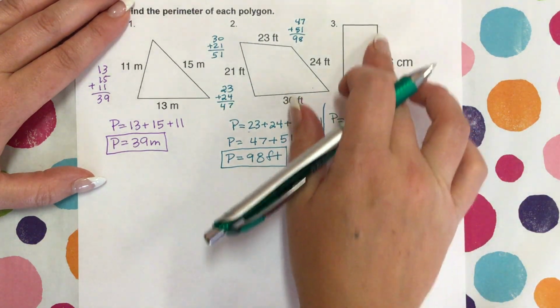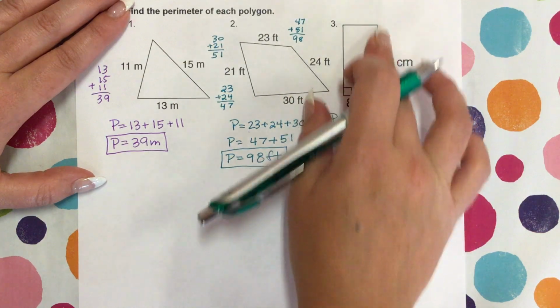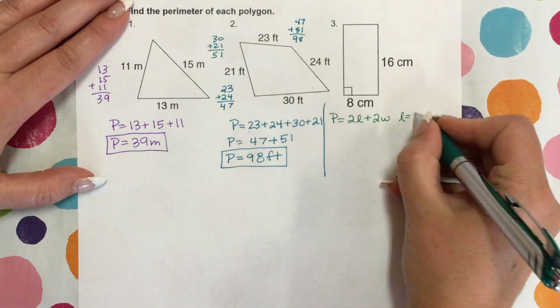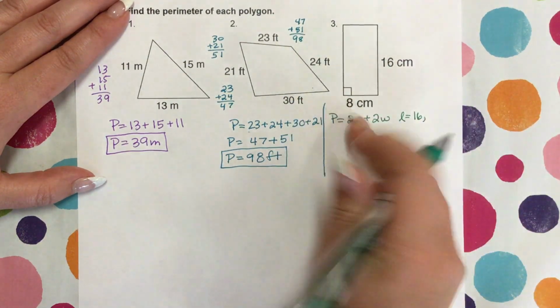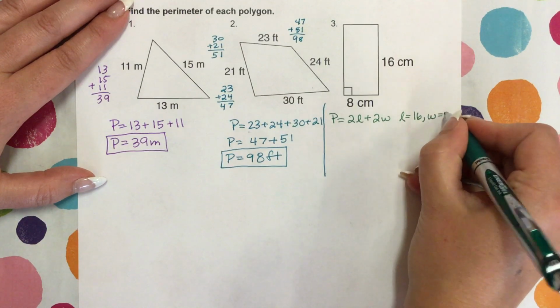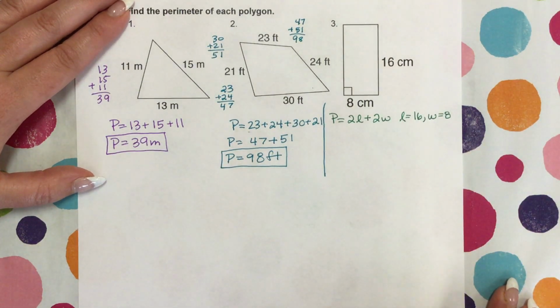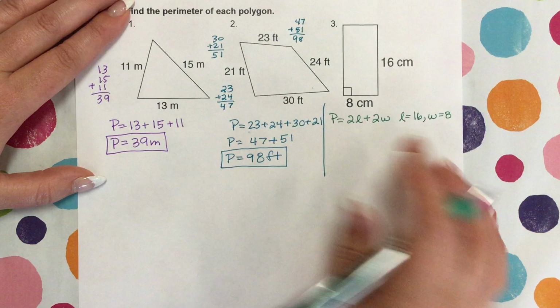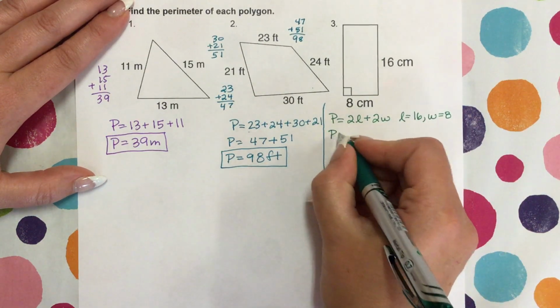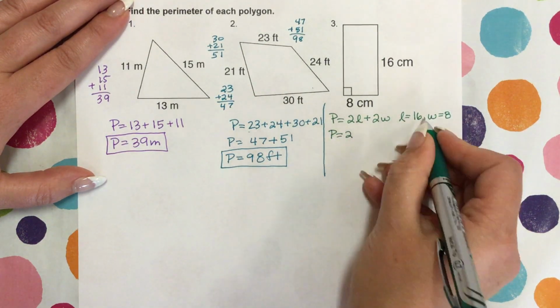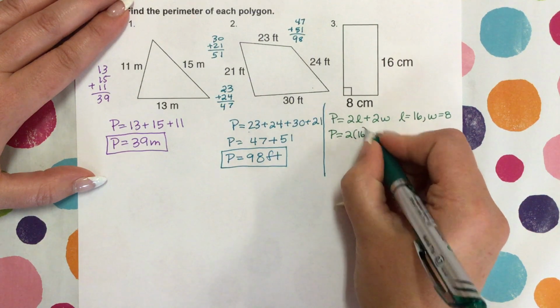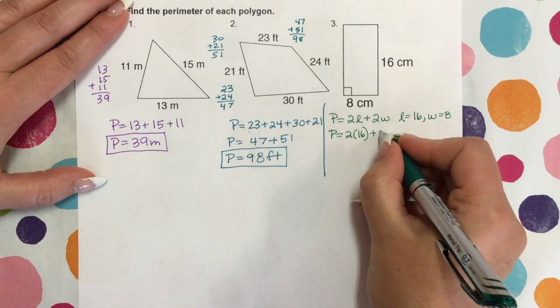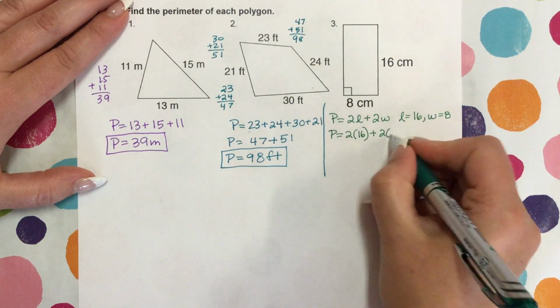So I'm going to say that my length is right here. My length is 16, and my width is 8. And then I'm just going to substitute those values into this equation. So P equals 2 times L, L is 16, plus 2 times W, and W is 8.